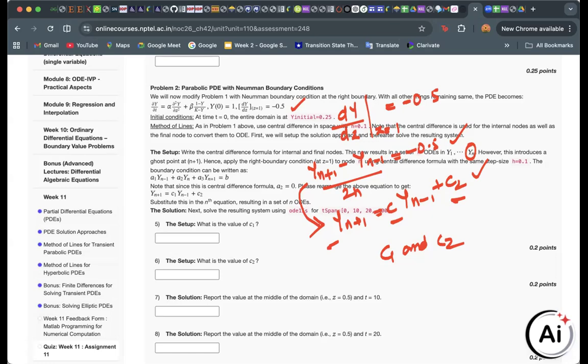Because in the loop, you have to write the last equation, right? That is dy/dt is equal to alpha times the central differencing formula, which will be (yn-1 minus 2yn plus yn+1) divided by h square.